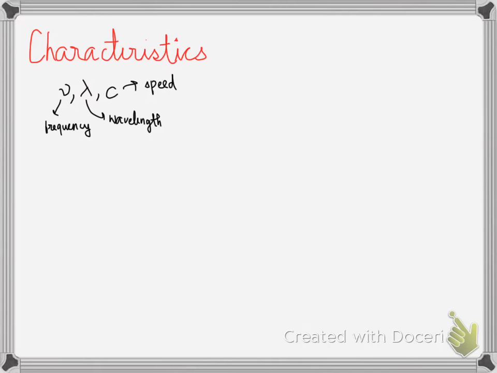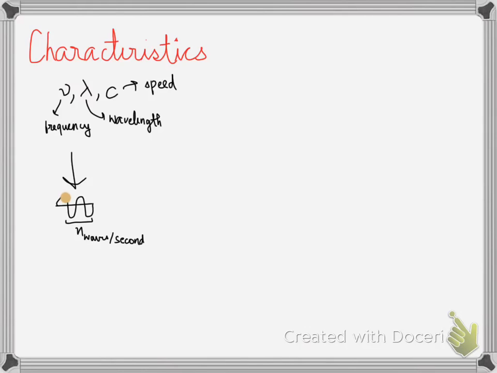Now, the frequency is defined as the number of waves or cycles. If we have a wave like this, let me draw it a little bigger, then it is the number of waves per second that pass through a given point in space.